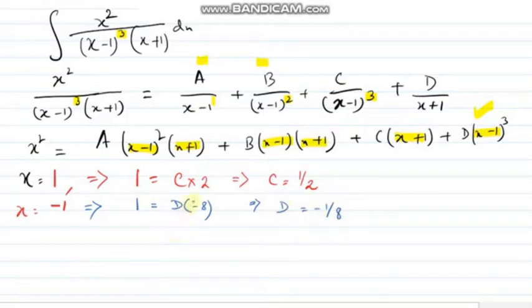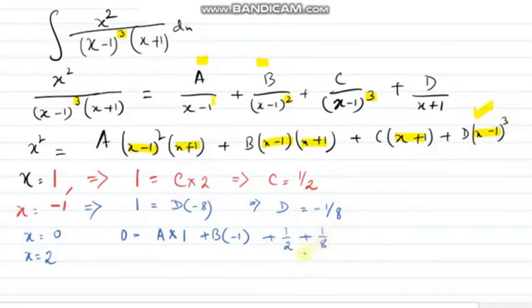Okay. Now I need to solve a and b. So random two values: one value x equals to 0, one value x equals to 2. If I take x equals to 0, it will be 0 equals to a into minus 1 whole square, that is a, only a, plus b into minus 1 plus 1, so this will become minus 1, plus c, which is half, and 0 minus 1 whole cube into d, that is minus d, that is 1 divided by 8.